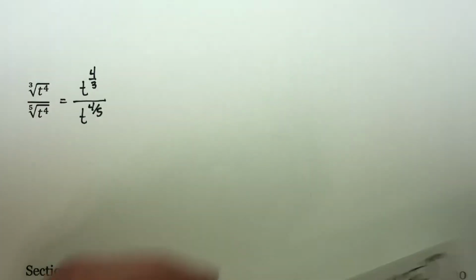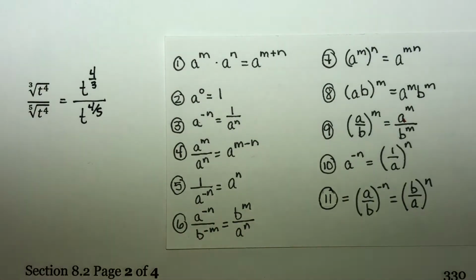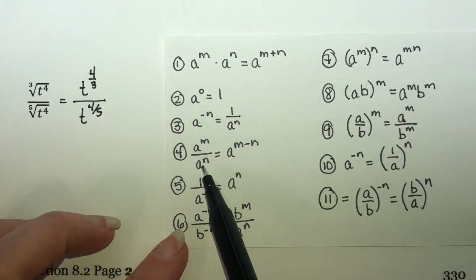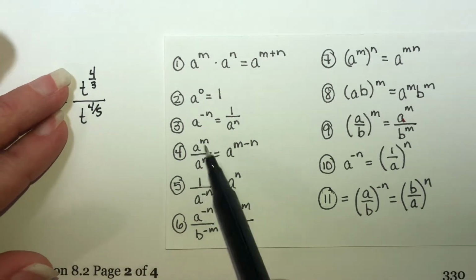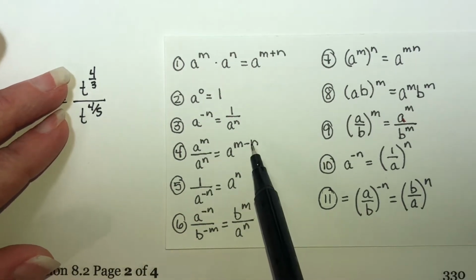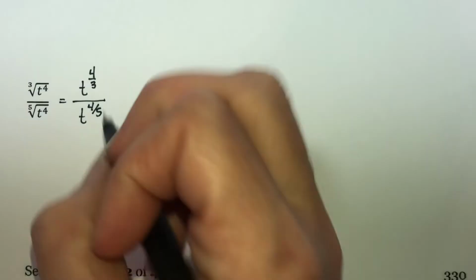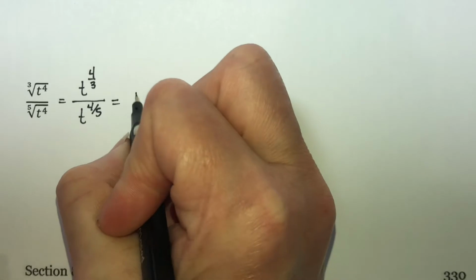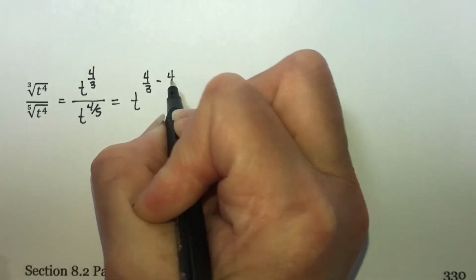Okay, so now let's look at these properties. We have a property number 4 that says if you have the same base, which we do, and you're dividing, you can subtract exponents. It's going to be the top exponent minus the bottom exponent. So this is the same thing as t to the 4/3 minus 4/5.